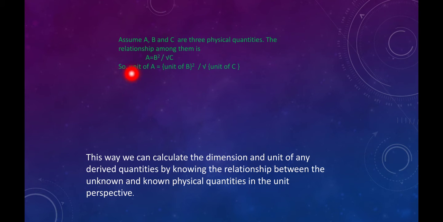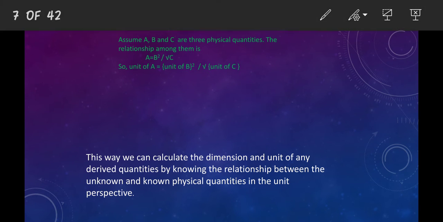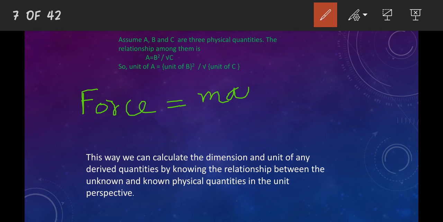Okay, so the unit of A is equal to the unit of B whole square, and root over the unit of C. For an example, we give an example of the unit of force. So force equals to what? Force equals mass into acceleration.